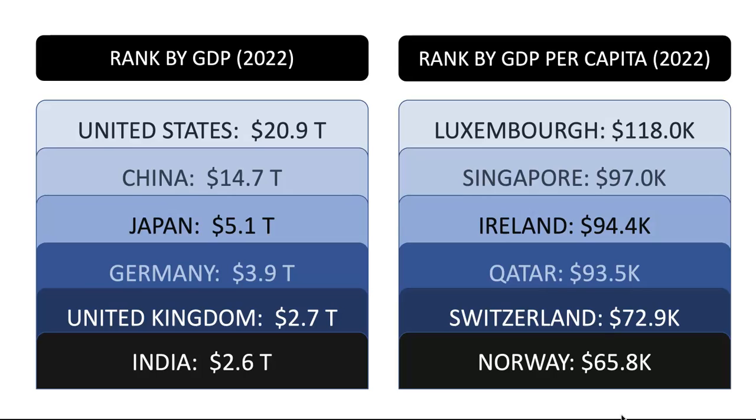They are Luxembourg, Singapore, Ireland, Qatar, Switzerland, followed by Norway. You will notice that none of the countries on the left are in the list on the right. The United States comes in 7th in GDP per capita, just below Norway.